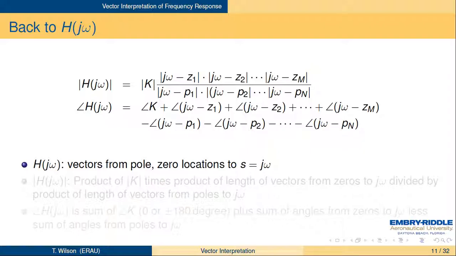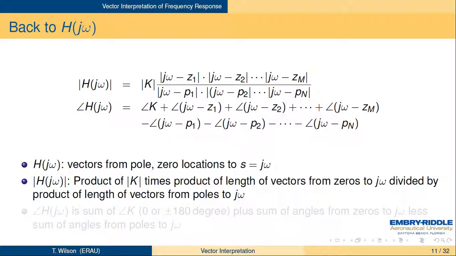And so now we have those same expressions: magnitude of k, magnitude of zero terms, magnitude of pole terms, etc., angle k, angle of zero terms, angle of pole terms. But now the frequency of interest is S equals j omega. So each of those is a vector. Each of those j omega minus something is a vector from the pole or zero location to the j omega axis.